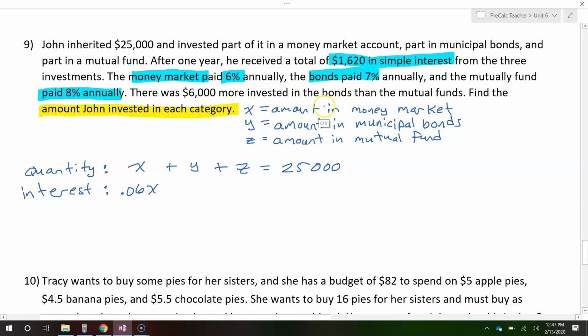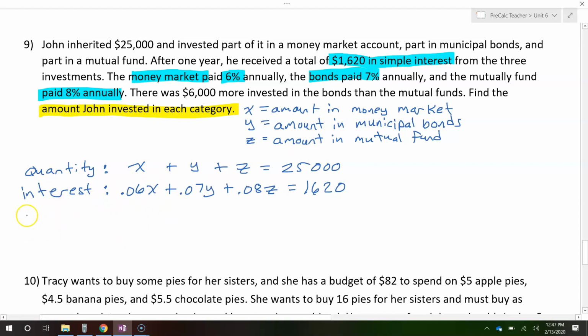And similarly, plus 0.07y, that'll be the interest from the second account, the municipal bonds. And then 8% from the mutual fund, so 0.08 times however much money is in the mutual fund. That should all add up to $1,620.